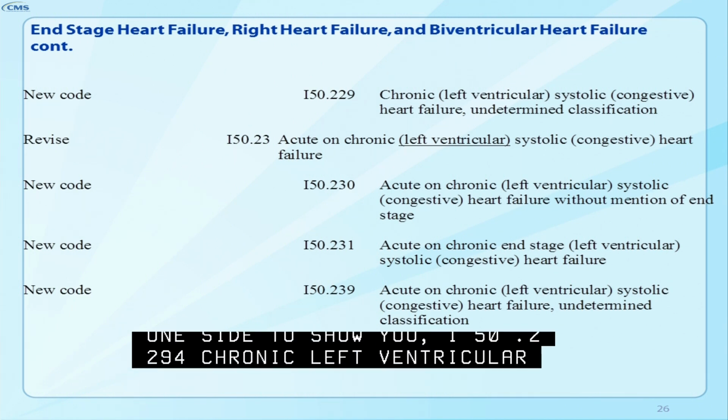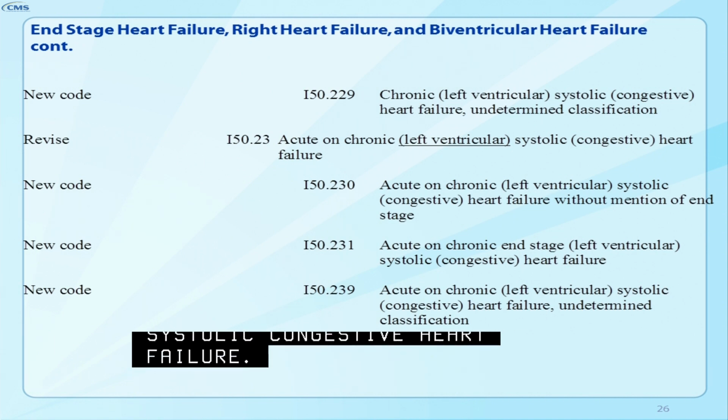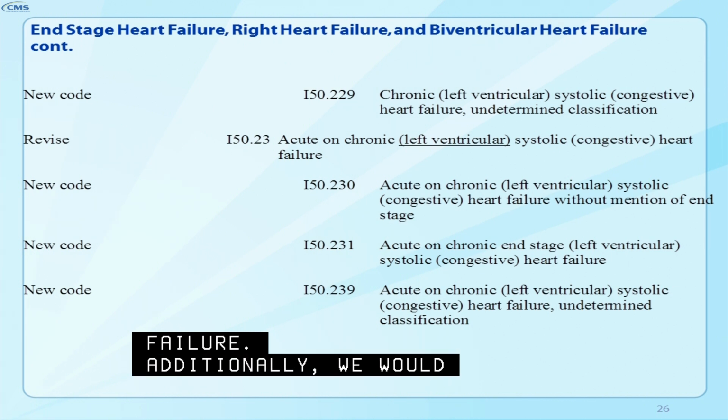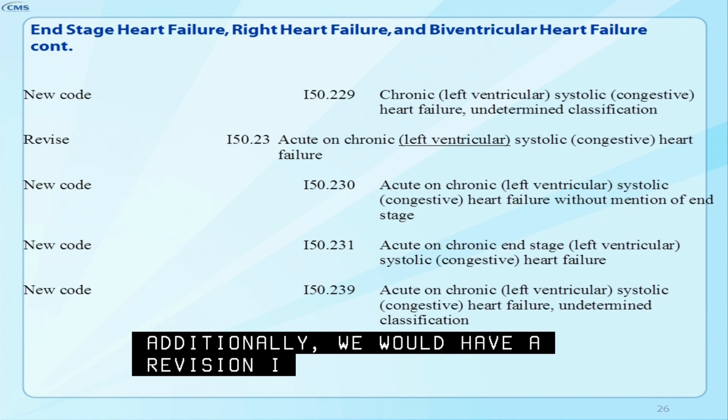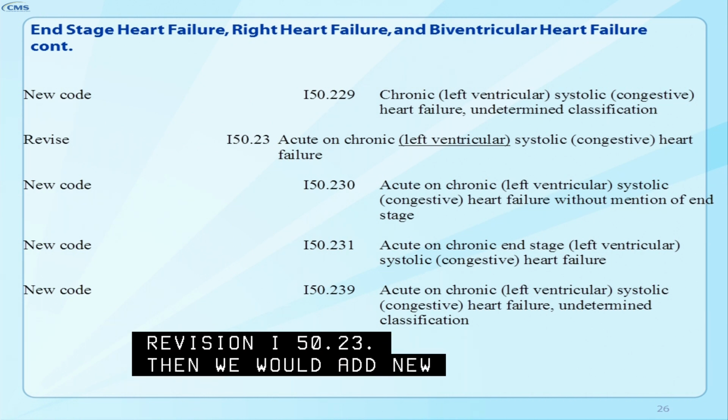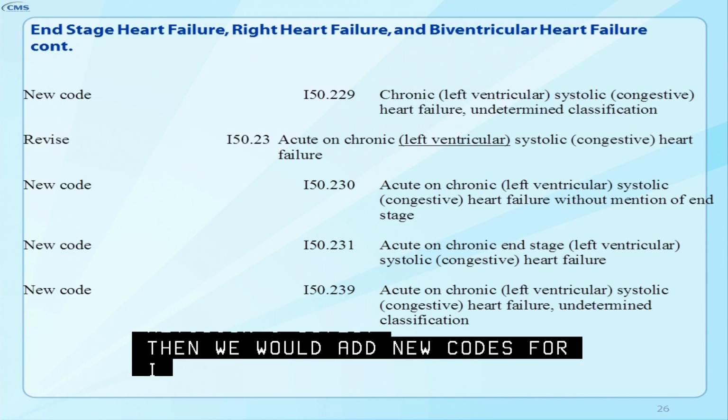So additionally, we would have a revision here at I-50.23 for acute on chronic. We would add left ventricular systolic congestive heart failure. And then we would add new codes here also for I-50.230, acute on chronic left ventricular systolic congestive heart failure without mention of end stage.